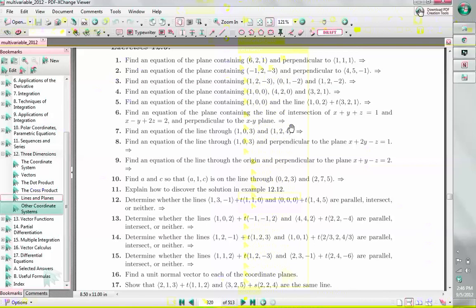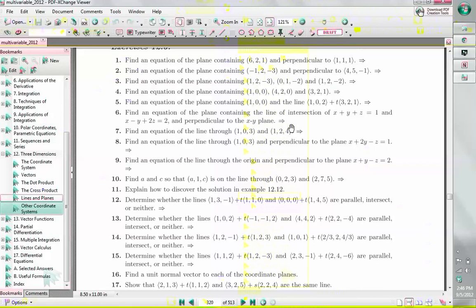Okay. Find an equation of the plane containing the line of intersection of yada, yada, yada, and perpendicular to the xy plane. What do we need to define the equation of a plane? What information do we need?